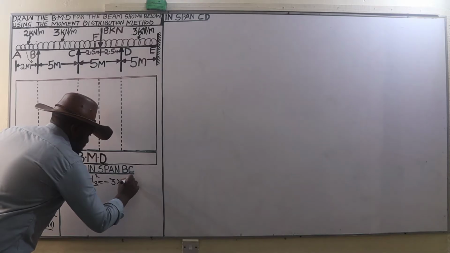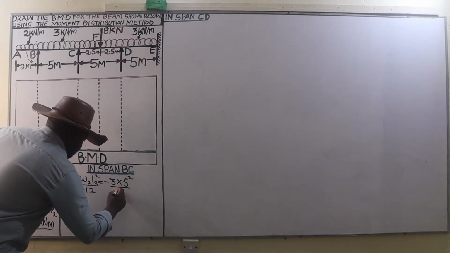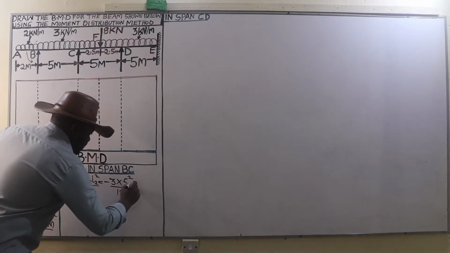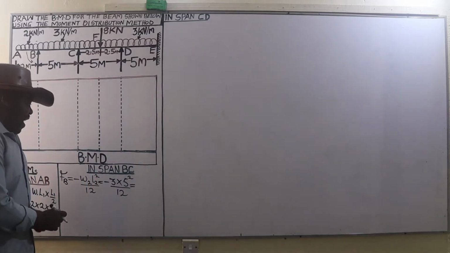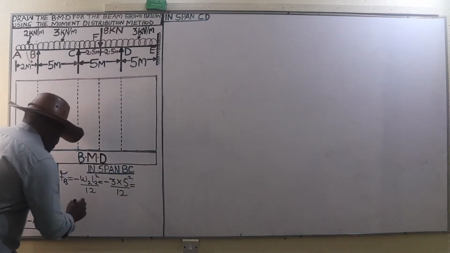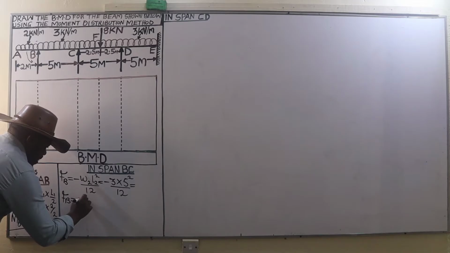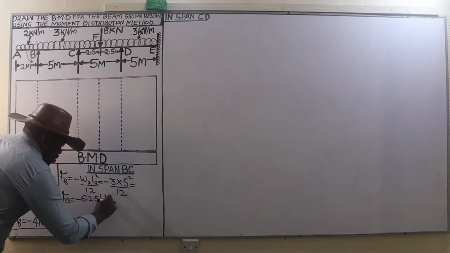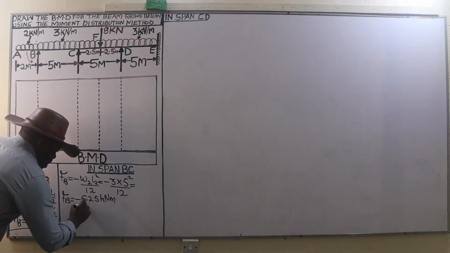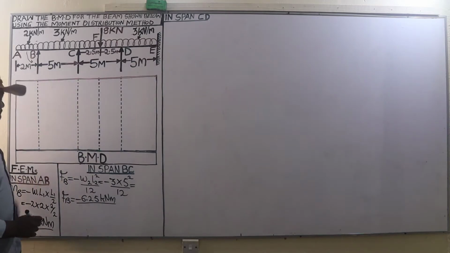Therefore, that's going to be 5 squared. Then we divide this by 12. And when we do so, we are going to get a fixed end moment at B being equal to negative 6.25 kilonewtons meter. So that is the fixed end moment at B.